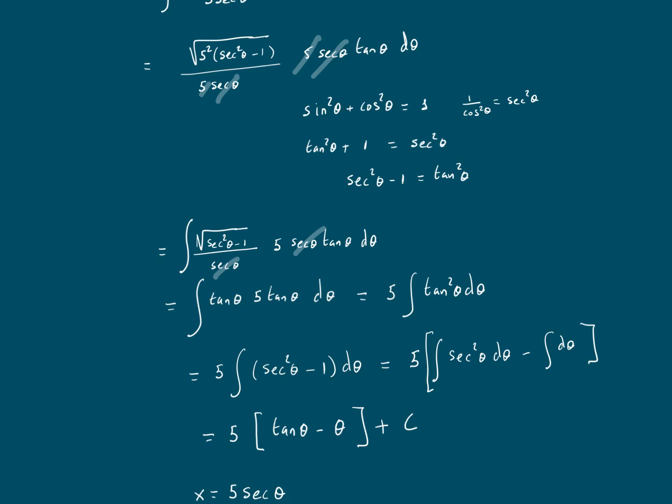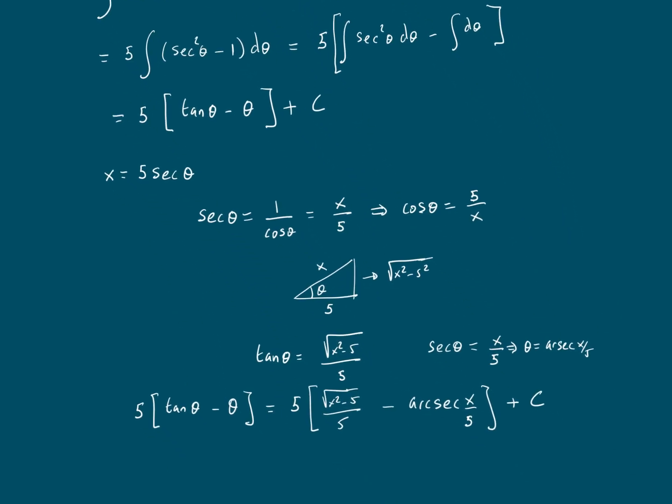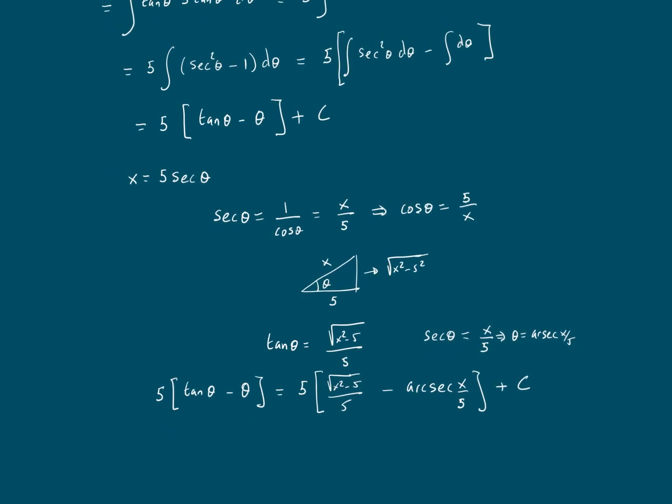But this is not yet the final result, because we need to express this solution in terms of x. We know that the change of variable that we have used is x equals 5 secant of theta. Secant of theta is 1 divided by cosine of theta, but secant of theta is x divided by 5.